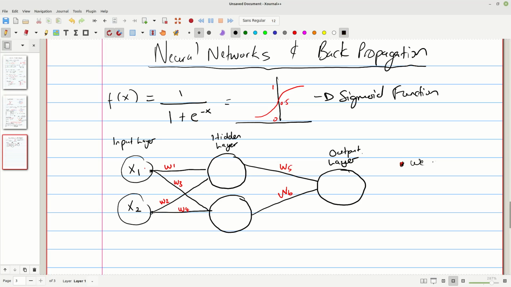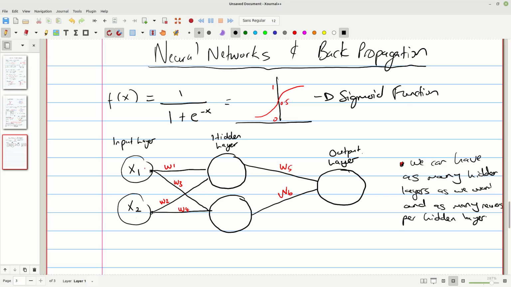So we can have as many hidden layers as we want and as many neurons per hidden layer.